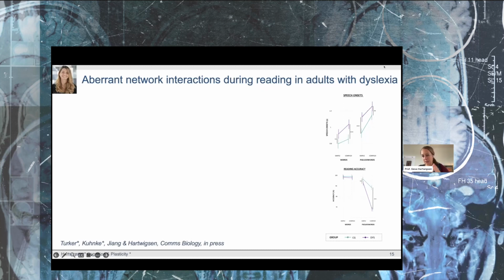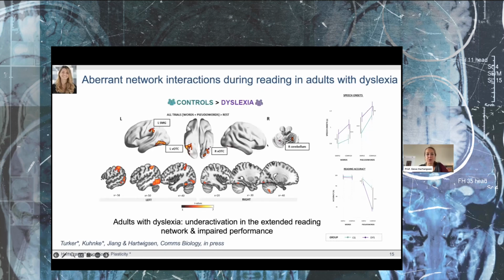Now, this is nicely in line with the literature, but the question is, what are the neural correlates of such impairments? So we contrasted the task-related activity of control subjects with people with dyslexia, and we found that the adults with dyslexia show an underactivation, so less activity in the extended reading network, which was associated with the impaired performance.